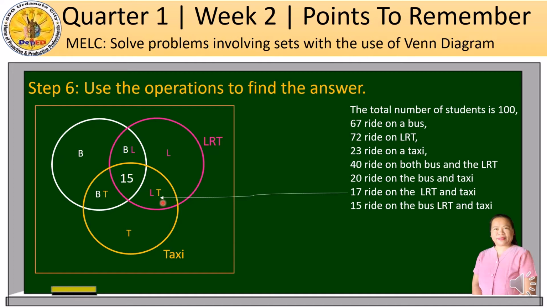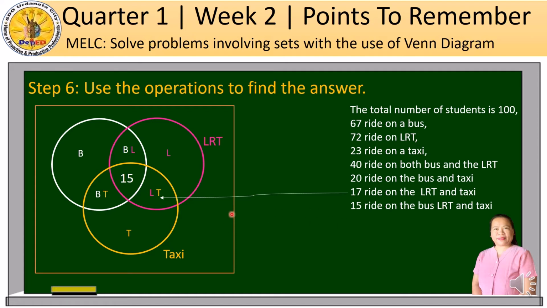Kasi, if you're going to write 17 dito, 20 doon, 40, tapos 23, 67, 72, pag inadd mo po lahat ito, more than 100 na po yun. Ang total number of students lang natin is 100. Kaya kailangan nating mag-add and mag-subtract.